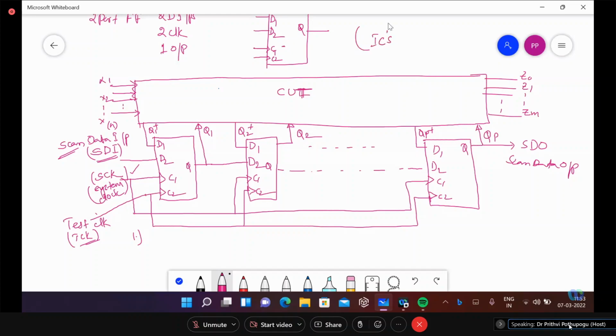Is testing one IC at a time better, or testing thousands of ICs at a slot? Which one is the efficient way of testing? Testing one IC, or multiple ICs at a time?